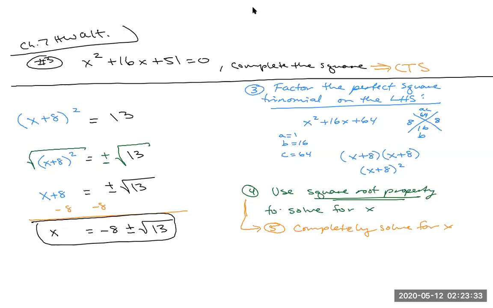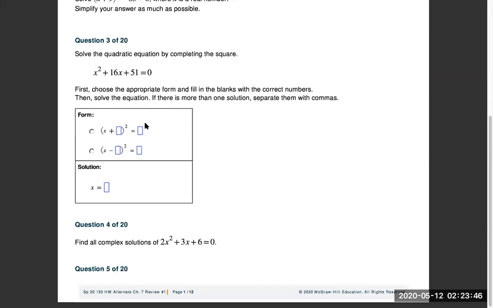Let me go back here. Okay, there we go. So essentially the portion for this first form up here that you have, that's when you had the x plus 8, the quantity squared, equaling 13.